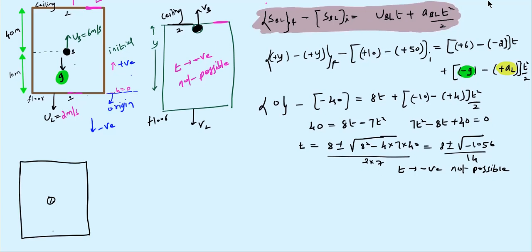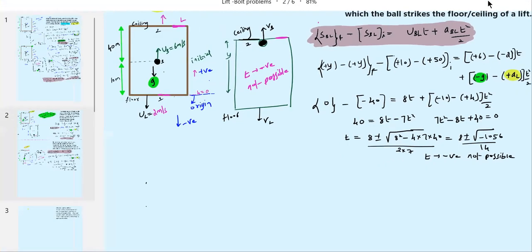I think I'll bring all the cases properly. Everything here is wrong. The ball cannot strike the ceiling of the lift.